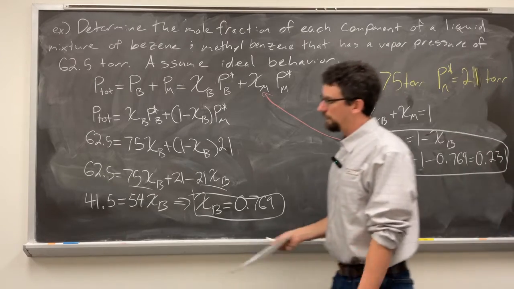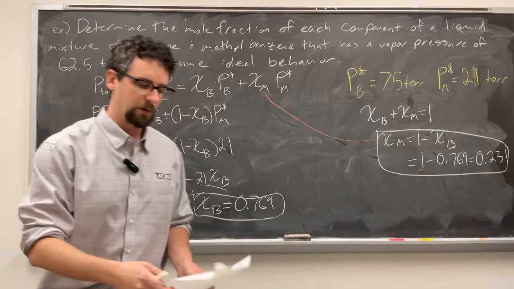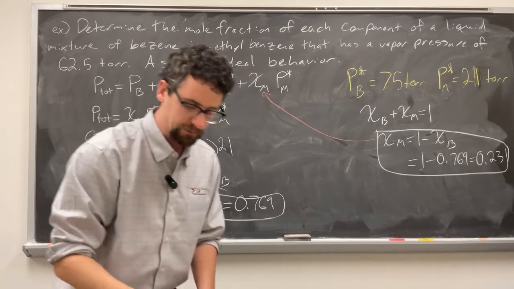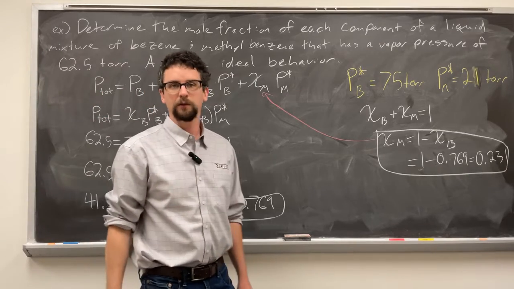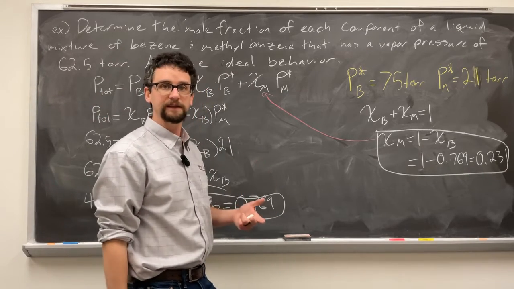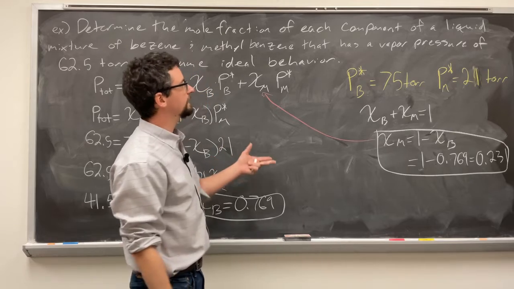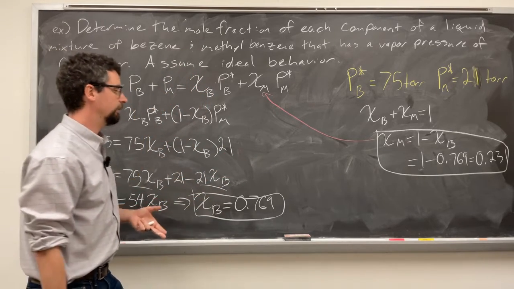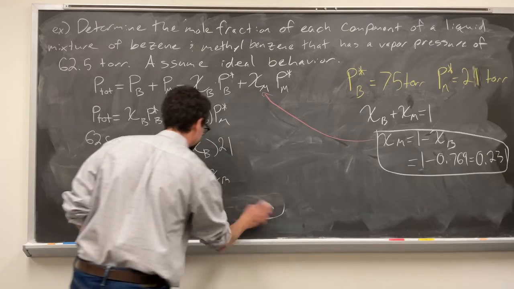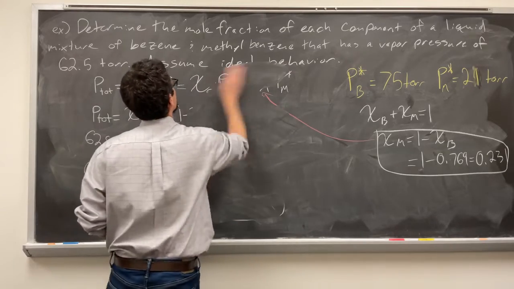Okay, so we can utilize Raoult's law to figure out those pressures. However, I said we were going to look at a phase diagram. Let's try to draw a phase diagram out. It won't be for this exact same situation, but we'll still utilize important information from it. So we're going to take some time and draw that out.